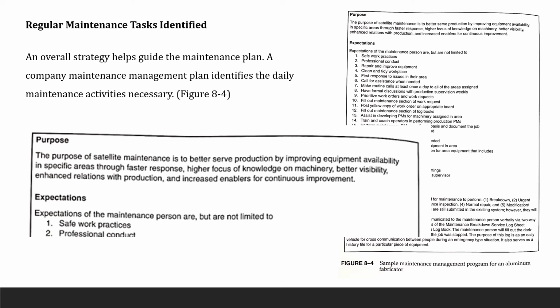Here is your keyword, plan. Here is our keyword, you have to identify. Then here is our keyword, activities. You don't have to remember everything. All you have to understand is I've got my strategy, so I can do my planning. I've got to identify the activity to get my plan.